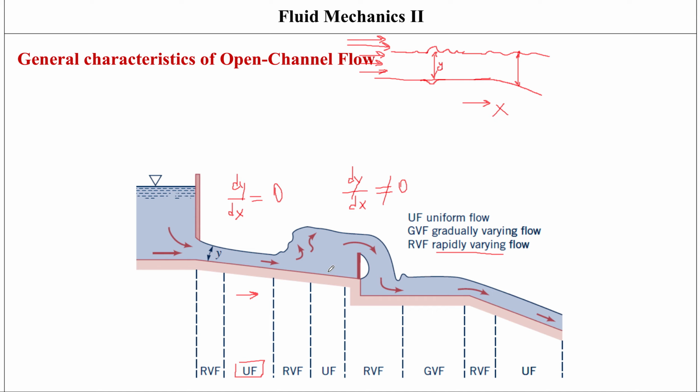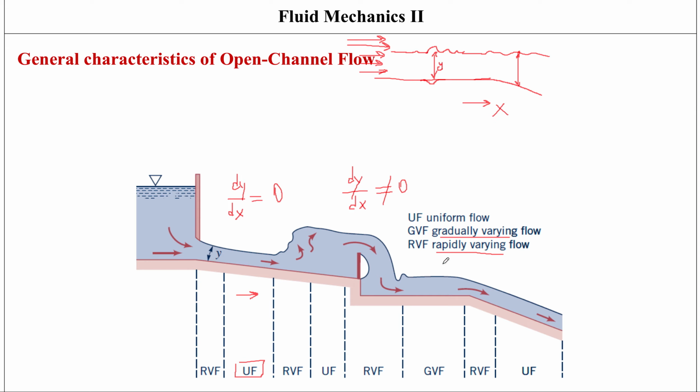Like, let's say, a spillway. When we're looking at a spillway, the depth of the flow changes rapidly. So that's rapidly varying flow. And then you've got gradually varying flows, in which the flow depth changes slowly along the distance.